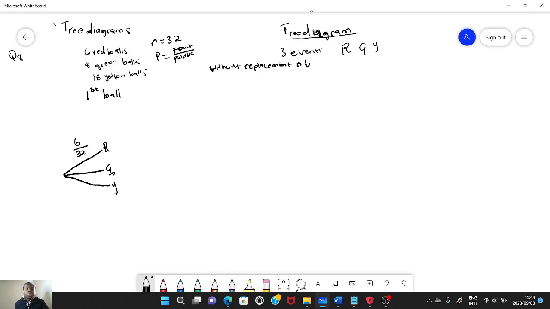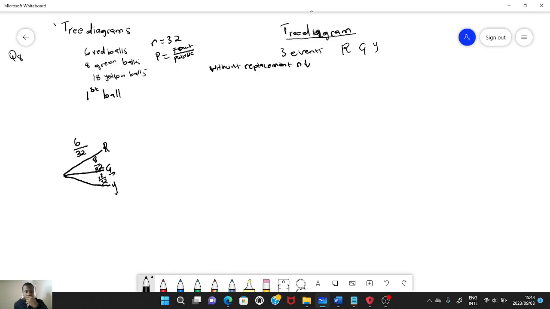You check, you have 8 green balls over 32 balls. And then what happens with my Y? I have 32 balls, and I have 18 yellow balls, and the total number of balls we know is 32.